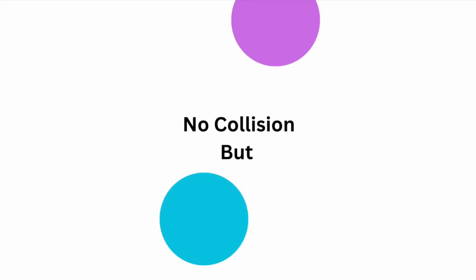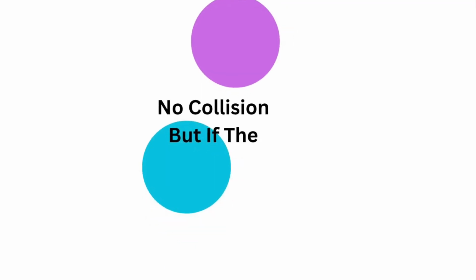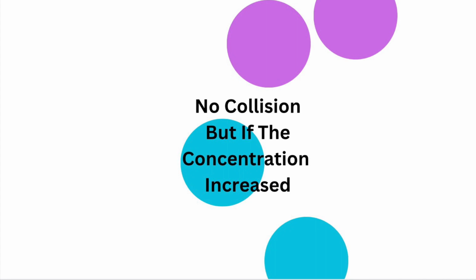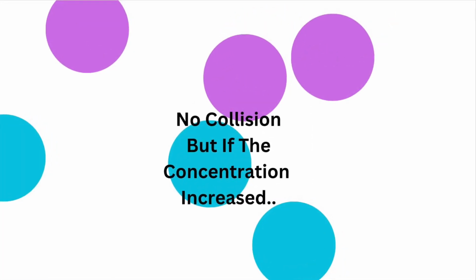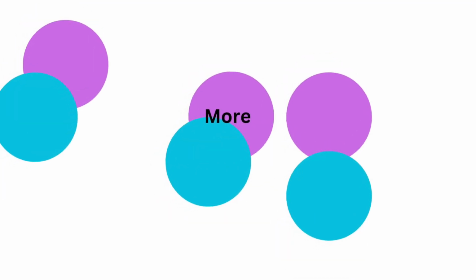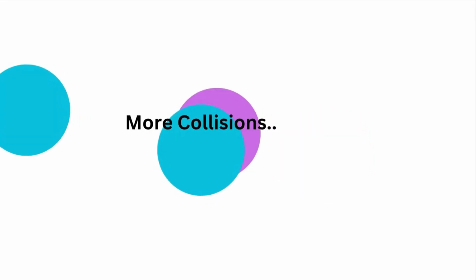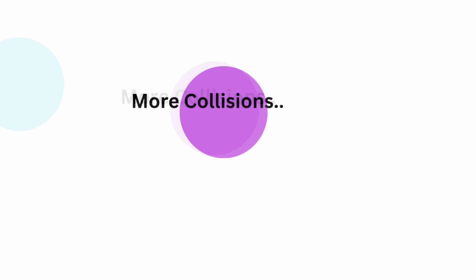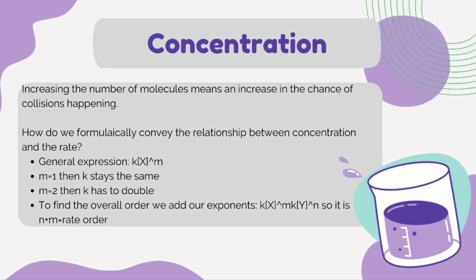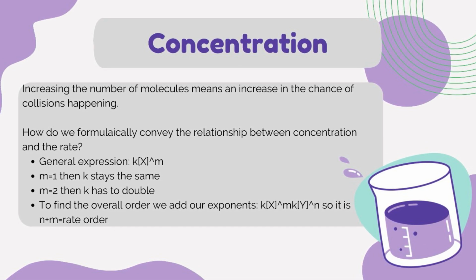But over time, to truly see how the concentration affects the rate of the reaction, we need to find the order of the reactions.